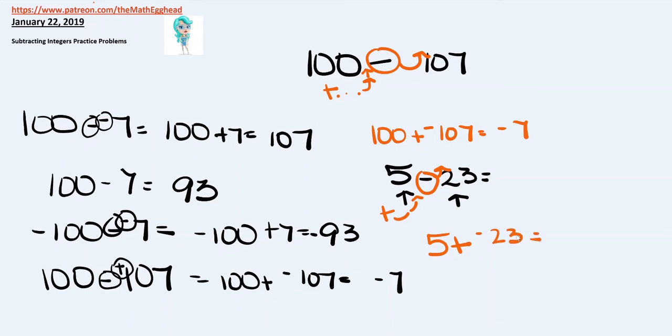Because remember what I said before, there are going to be times where you have larger numbers and you're not going to have time to draw the number line out. And 23 minus 5 is not the same thing as 5 plus negative 23. This is going to be negative 18, which makes all the difference.